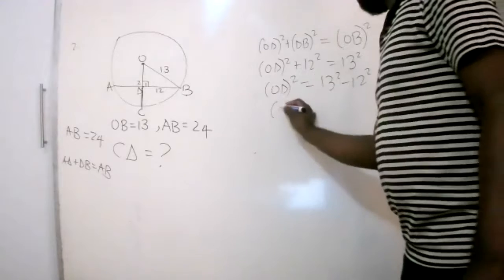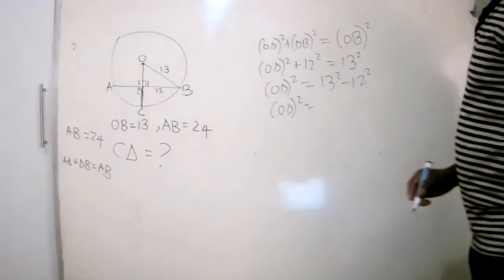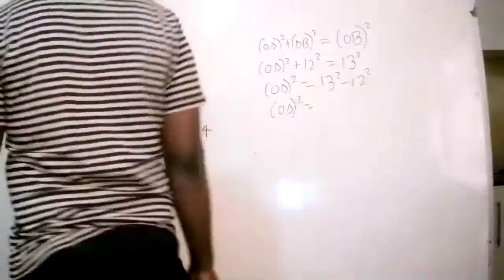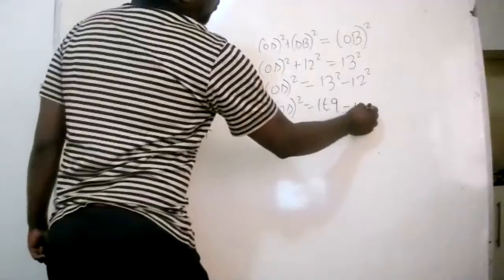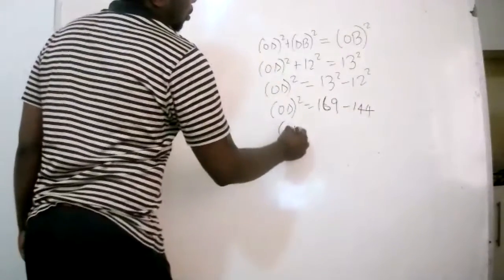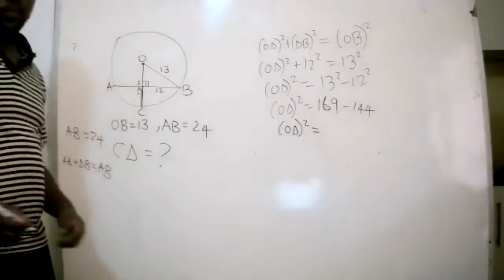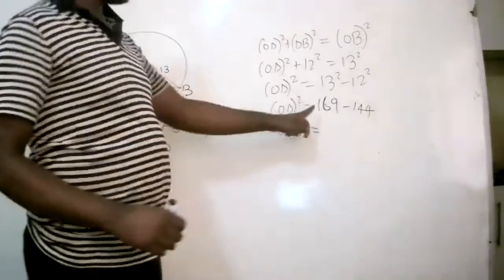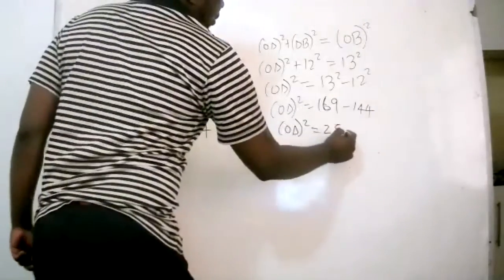Can you use your calculator to tell me what we get when we compute 13 squared minus 12 squared, which I think is the same as 169 minus 144, but you can just verify that for me. Oh yes, that's true. So what is this equal to? OD squared equals 25.